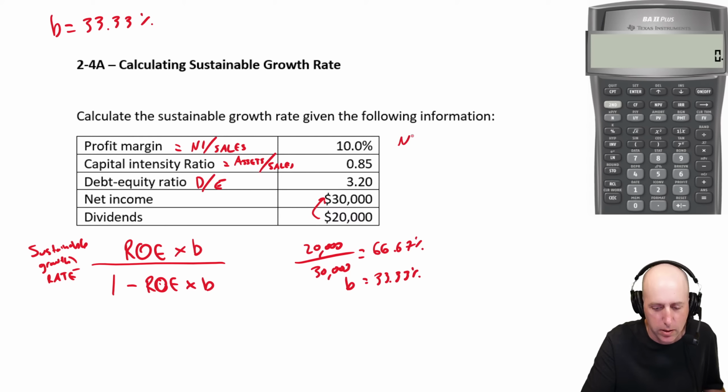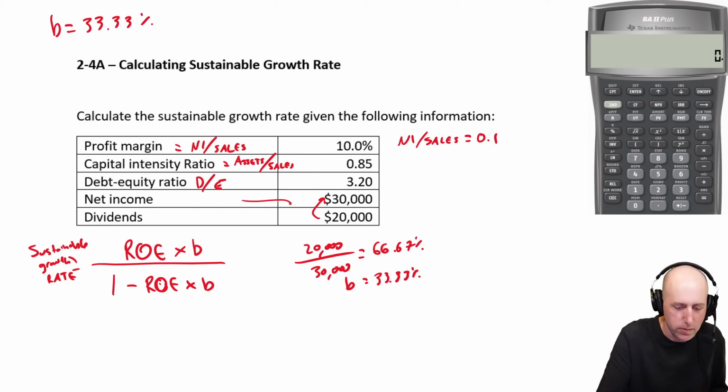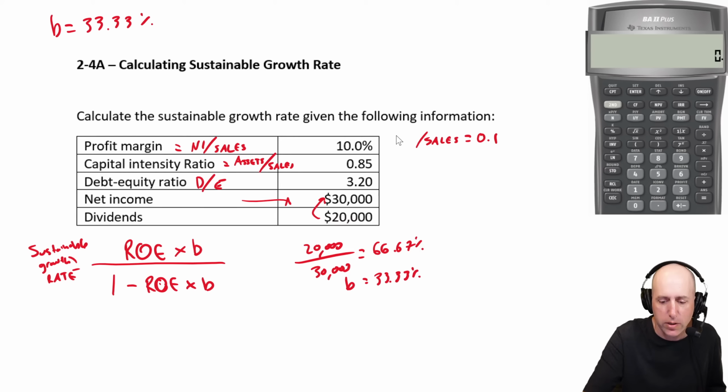So let's start with profit margin. We know net income divided by sales equals 10%, 0.1. We also know our net income is 30 grand because it was given. So we can solve for sales, right? We know this is $30,000. So $30,000 divided by sales equals 0.1.